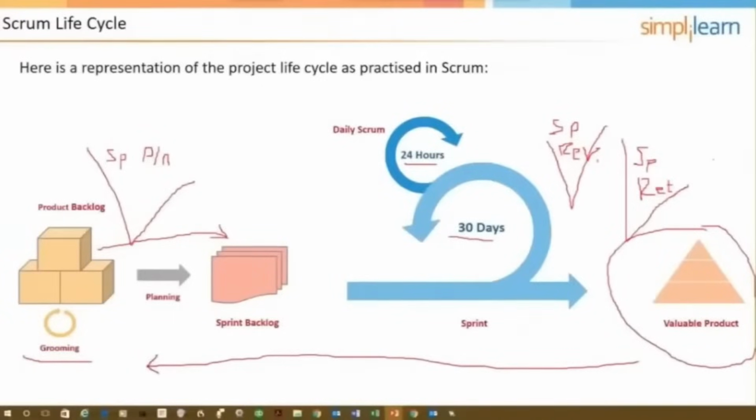Let's see. I see a chat here. How similar or different is the product backlog to SRS, Software Requirement Specs document, which is widely used in projects? It's different. And if you will hang on to that question, we're going to have a discussion later on about user stories, and that will help you understand the differences.